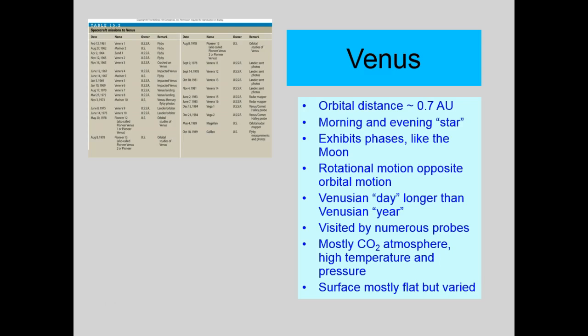So many of these, the reason was to go there, but many of them were just in passing. Magellan, for instance, was on its way to Saturn, I think, but it went by Venus. And Galileo, I'm pretty sure, was going somewhere else and just went by Venus. They all will stop by and see Venus on the way.